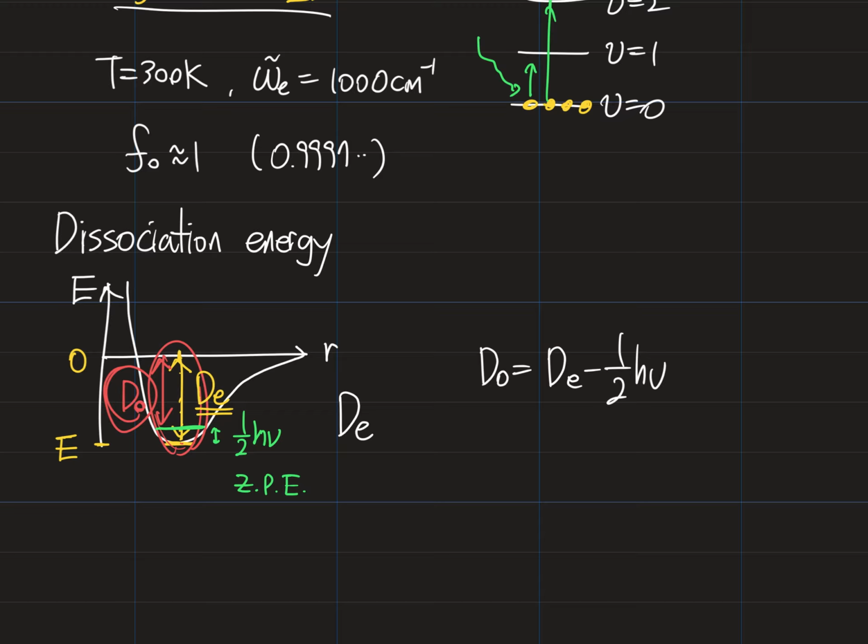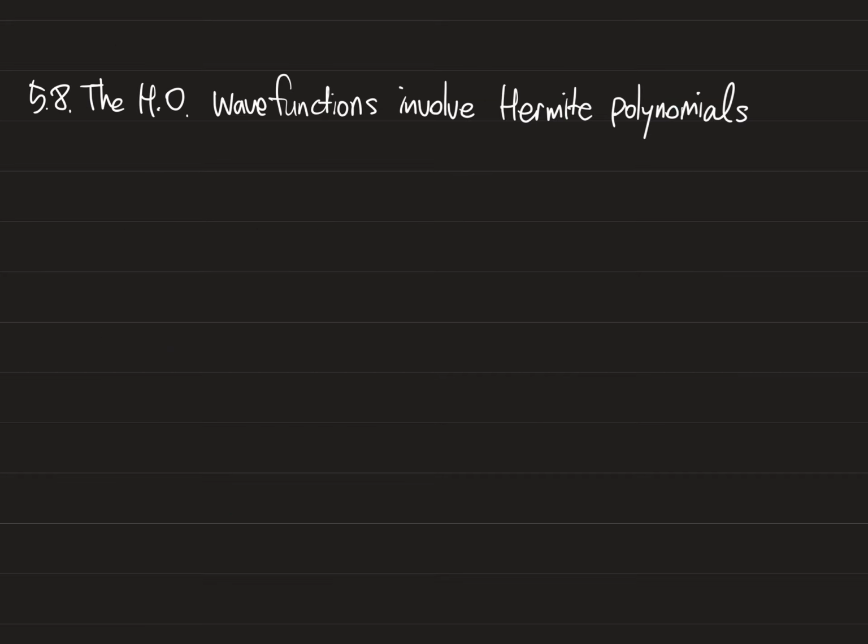Okay, let's move on to the next section. Section 5.8: harmonic oscillator wave functions involve Hermite polynomials. So we have established the quantized energy levels of the harmonic oscillator, and now let's look at the corresponding wave function psi v.